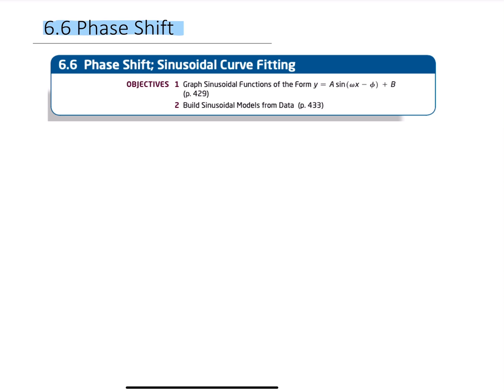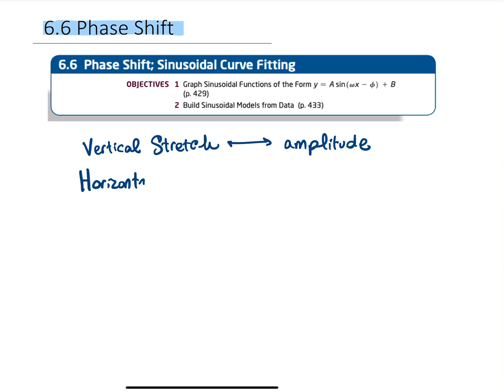So just to bring a couple of those up, we saw a vertical stretch or compression that was associated with the amplitude of a wave. A horizontal stretch or compression affected what we're calling the period of the trig function.